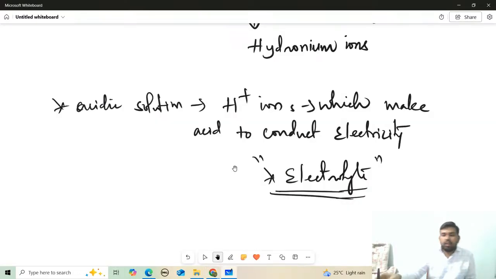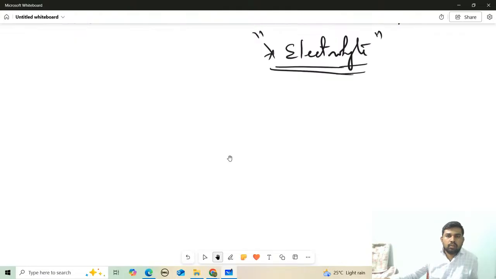So electrolyte means in aqueous form it will conduct electricity.